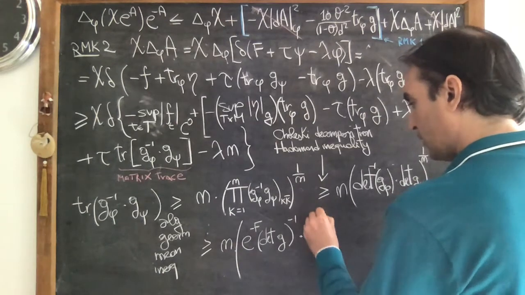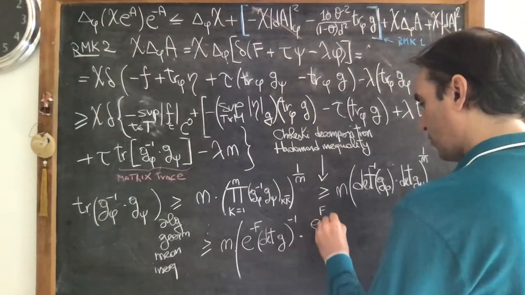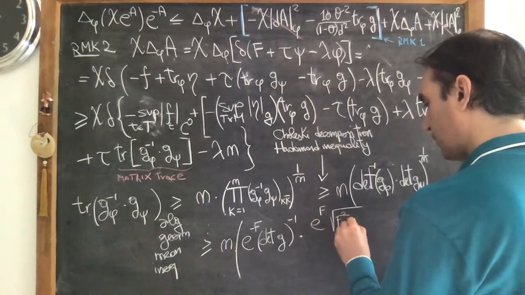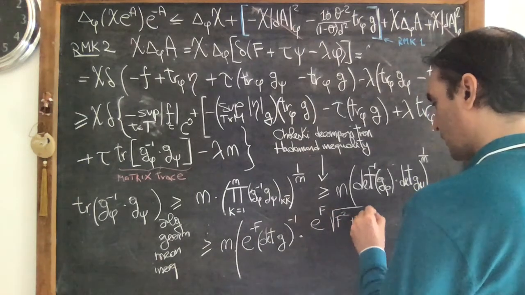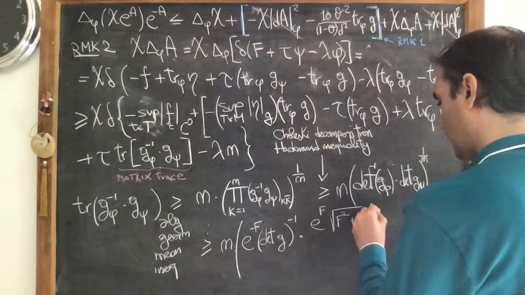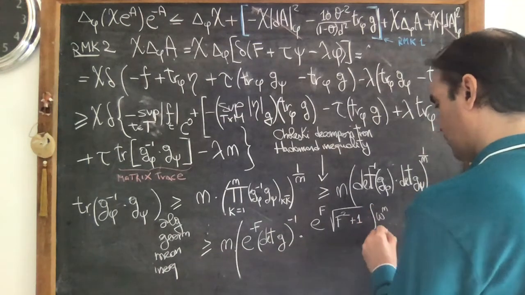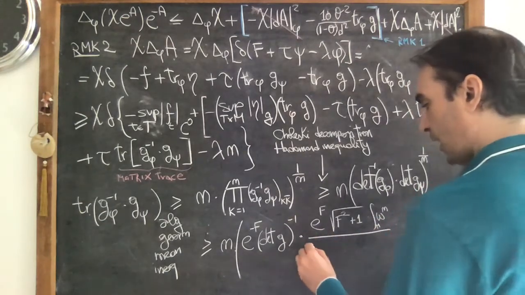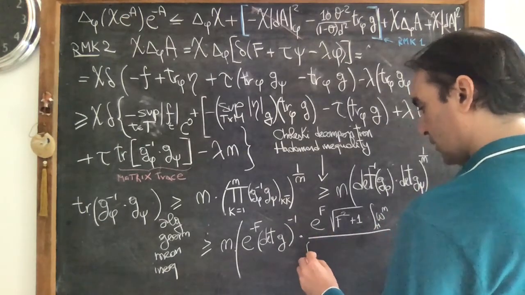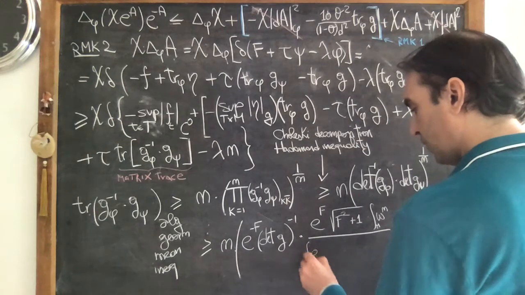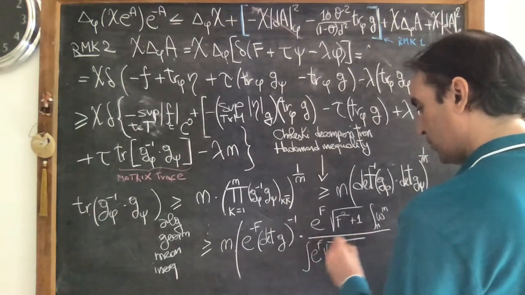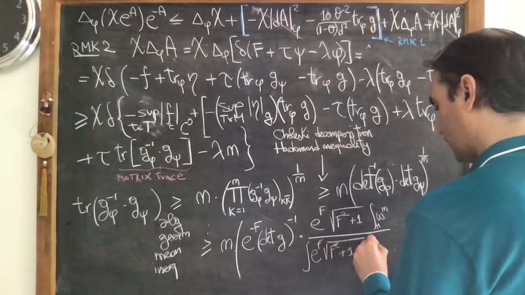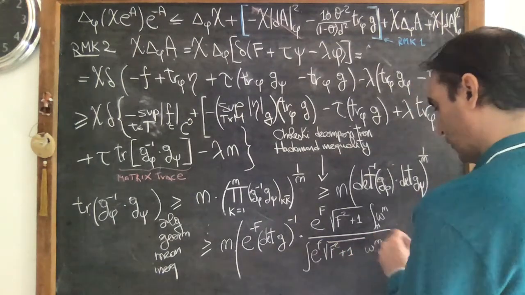It was e to the f, there was the square root of capital F squared plus 1, times the volume of the manifold, divided by the integral of e to the capital F square root of F squared plus 1 with respect to the volume form of the manifold.